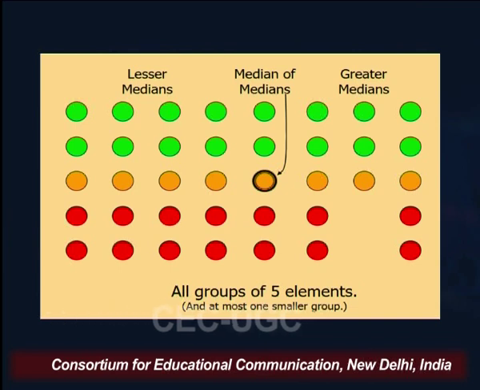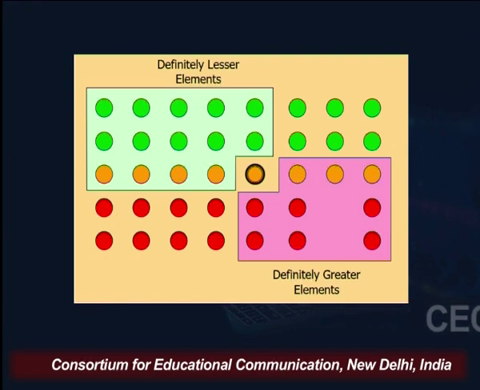As you can see on the screen, we have some elements which are definitely lesser, shown in one polygon. On the right side, we definitely have elements which are greater than this median of medians.